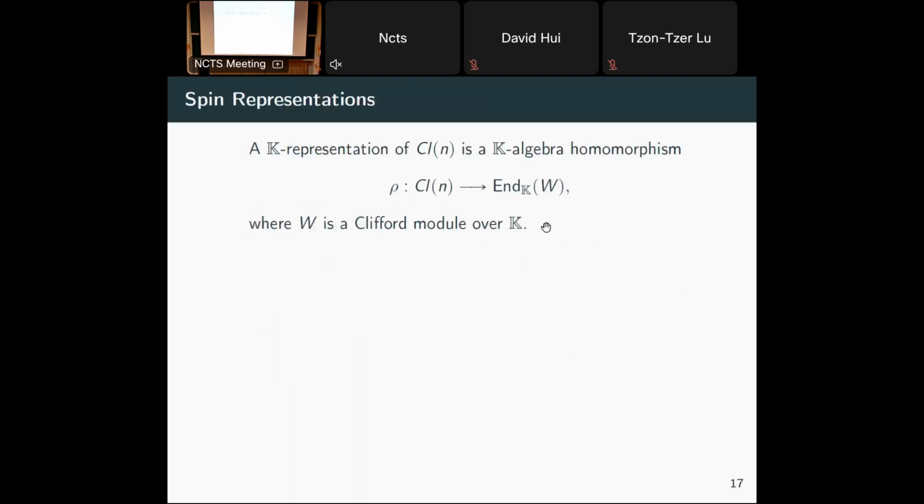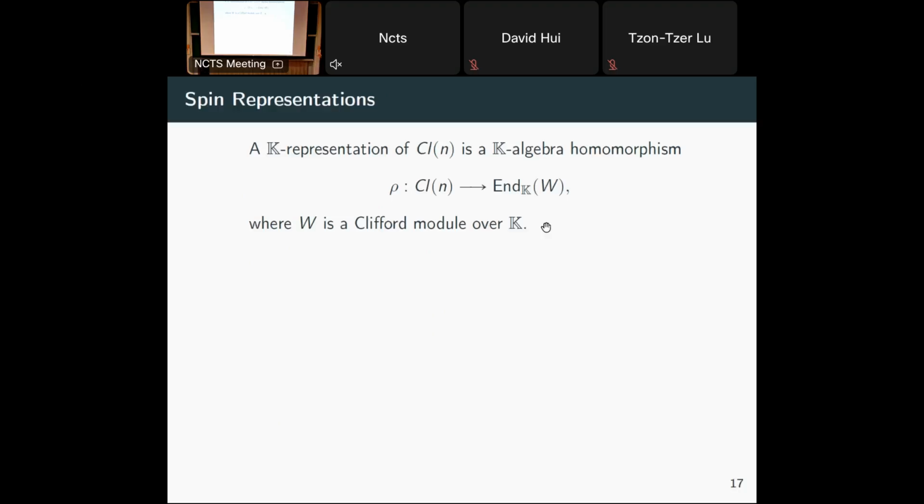So now that you have a group, you have an algebra, you have the Clifford algebra, you have the spin group, the next natural thing would be to talk about representations.